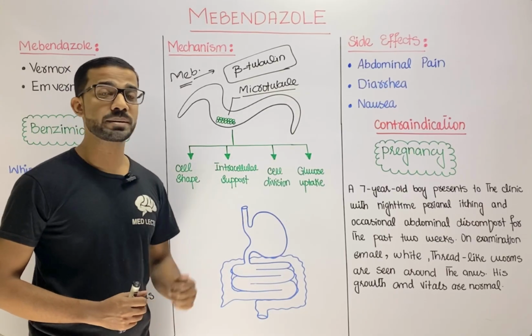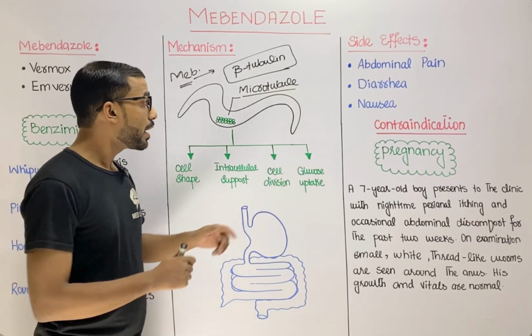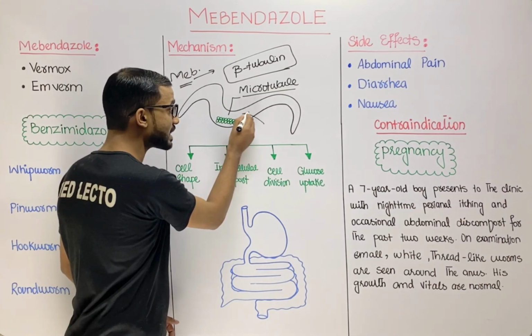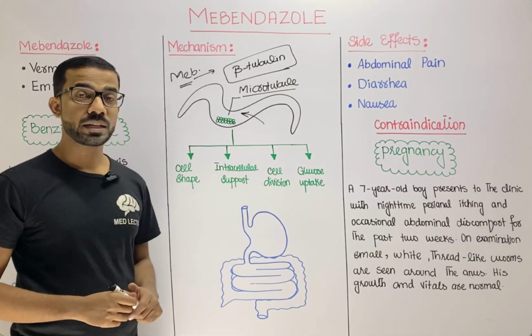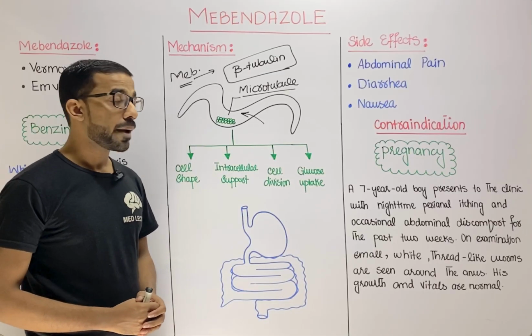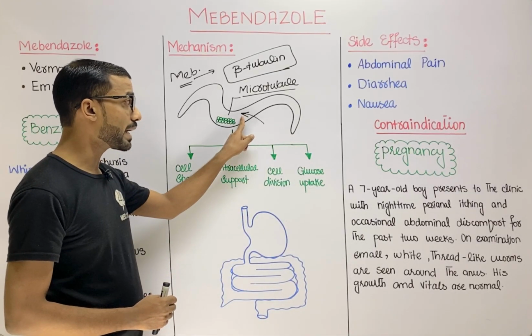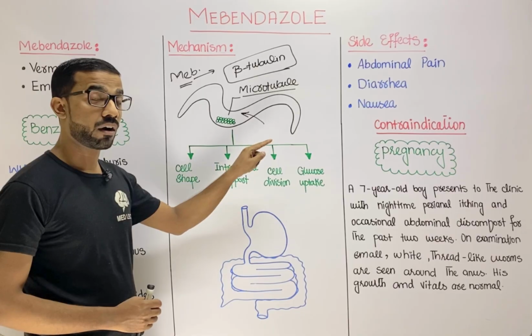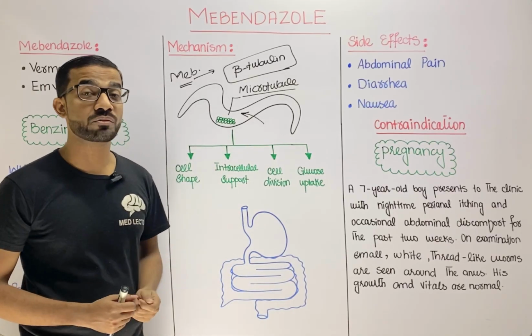And lastly, most important, glucose uptake in the cells of the nematodes is also disturbed, because glucose uptake is influenced by the microtubules.